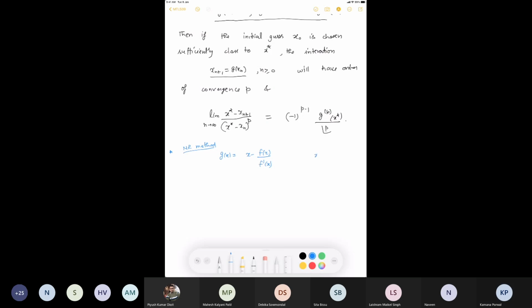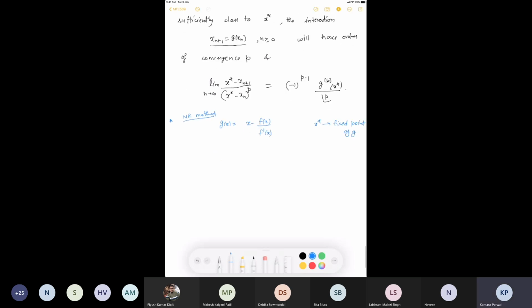X star is the fixed point of G. So let's try to see what is happening with the G prime of x. So this is going to be 1 minus, so I will get the first term as f prime of x whole squared minus f(x) into f double prime of x, divided by f prime of x squared, right?